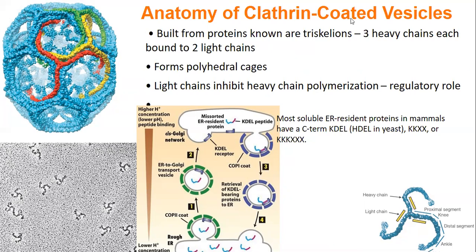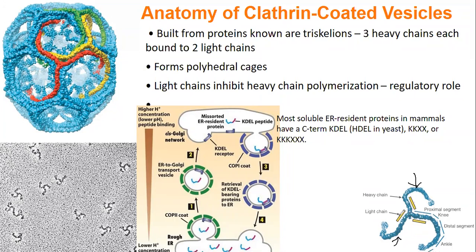The picture is down here in the blue. And you got 3 heavy chains, and each heavy chain is bound to 2 light chains. So it's not exactly shown that well in the picture, but here we have heavy chains in the blue and your light chains in the yellow.